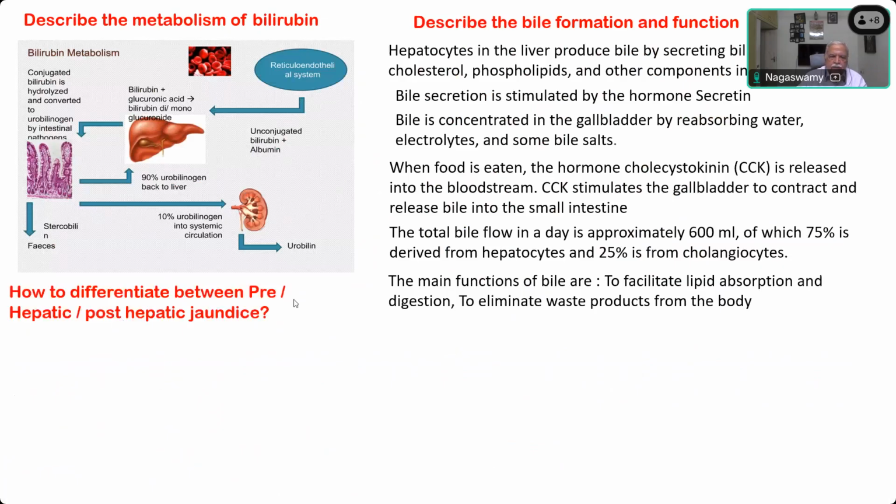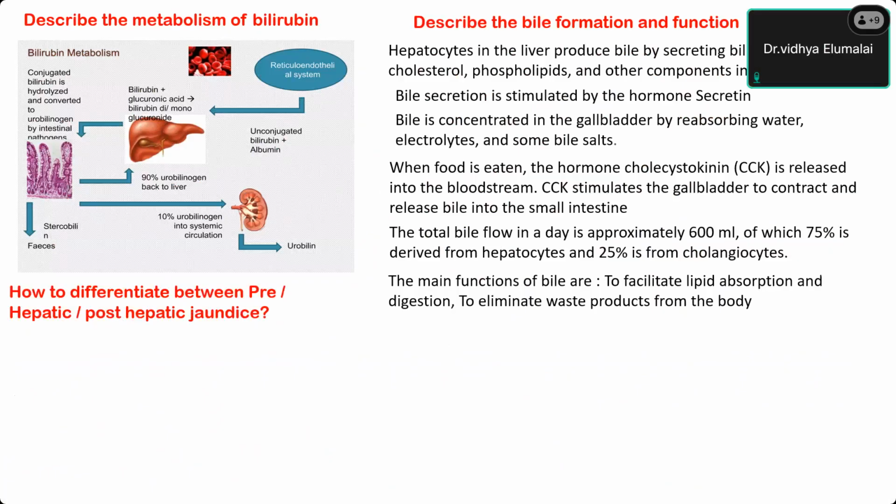How to differentiate between pre-hepatic, intrahepatic, and post-hepatic jaundice? What are all the lab tests you have to do to distinguish between them? So in pre-hepatic jaundice, the most common cause is hemolysis.